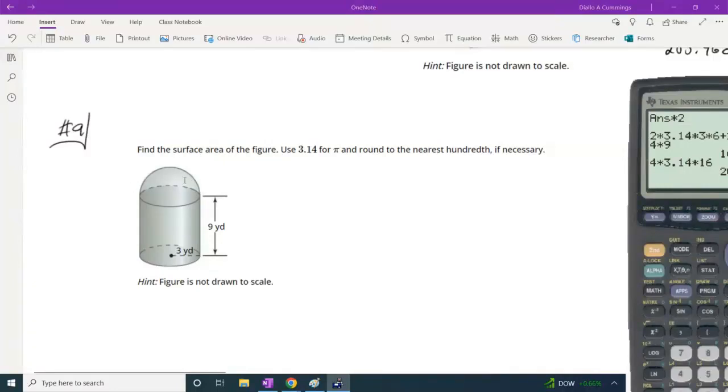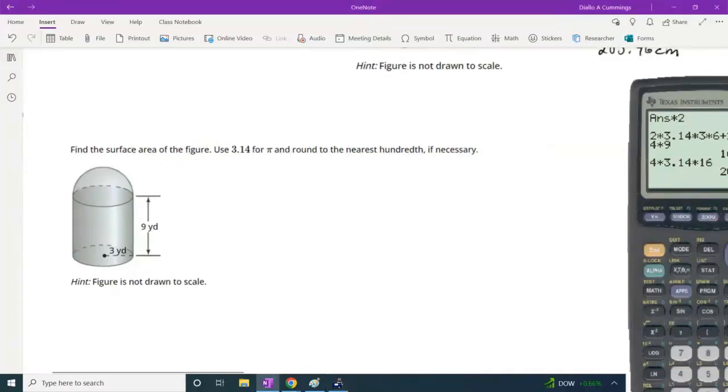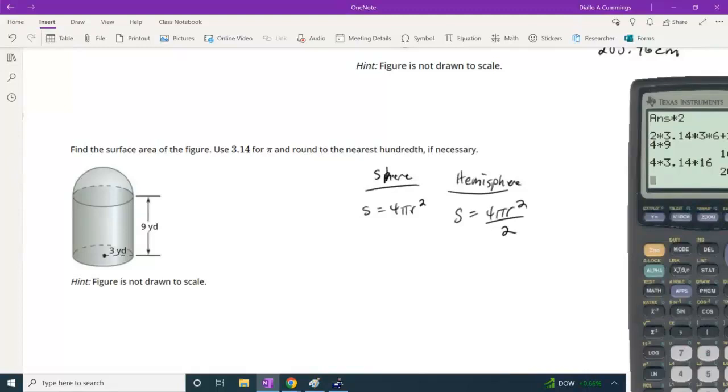We have the formula to find the surface area for a sphere, right? So for a sphere, the surface area is 4 times pi times r squared. For a hemisphere, the surface area is going to be 4 pi r squared, but we're going to cut that in half.